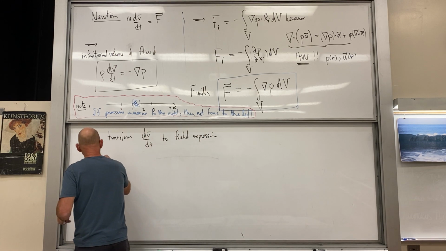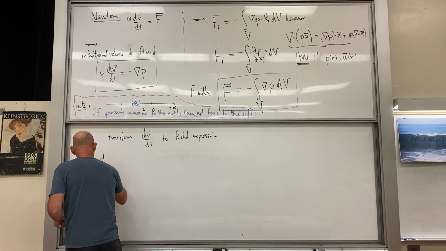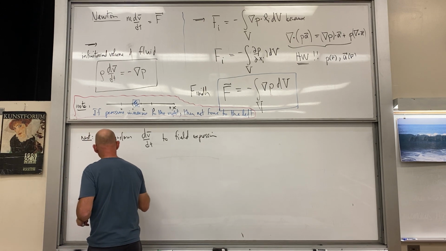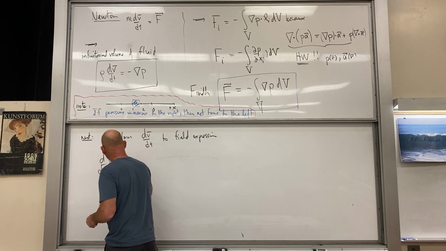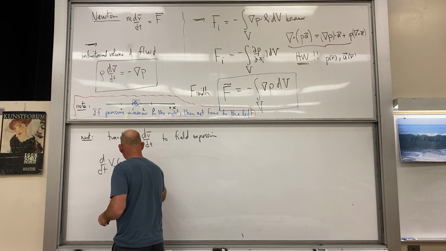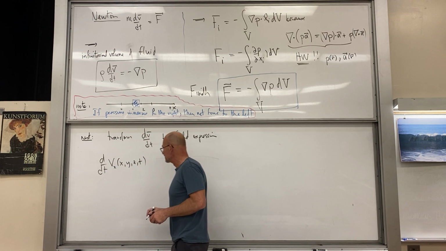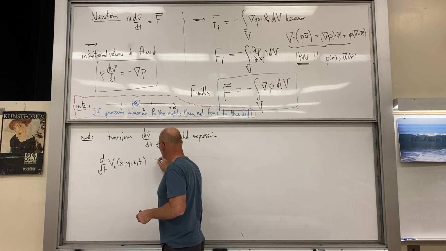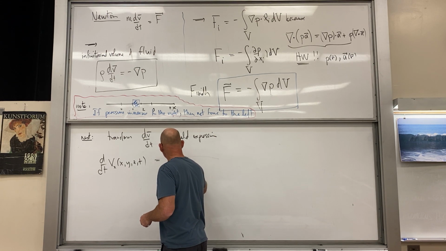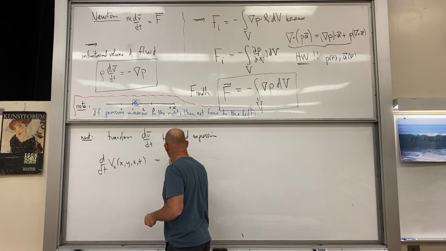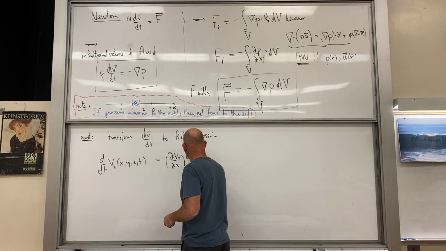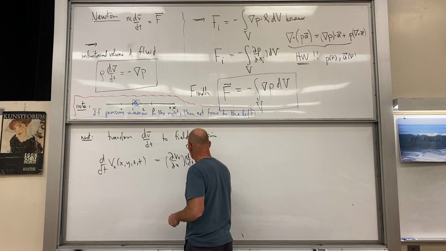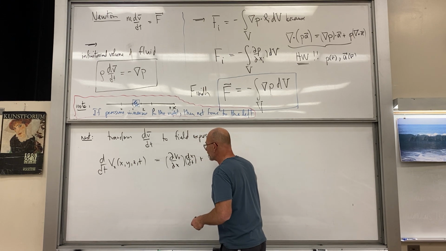We just imagine we're taking the time derivative of, let's just do this for Vx of x, y, z, and t. d dt Vx of x, y, z, and t. And the chain rule type of thing we always do, we would have dVx dx, and then dx dt, and all the way through.